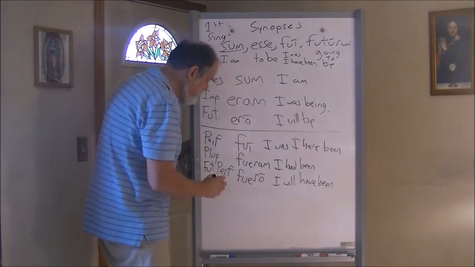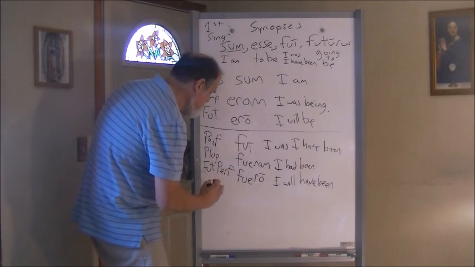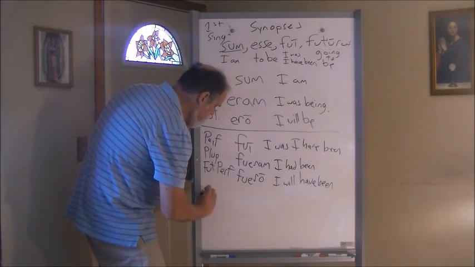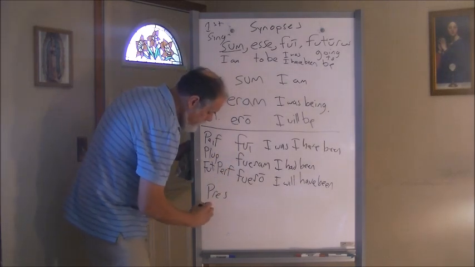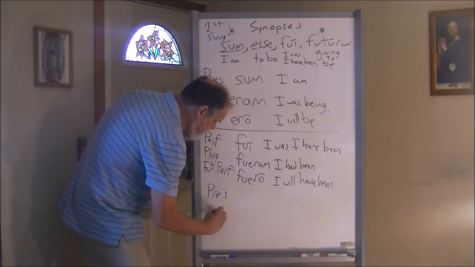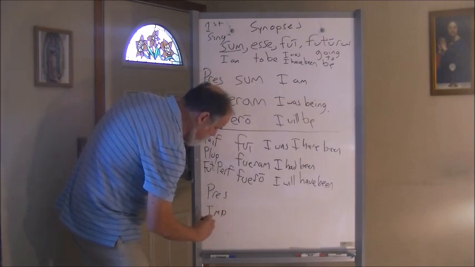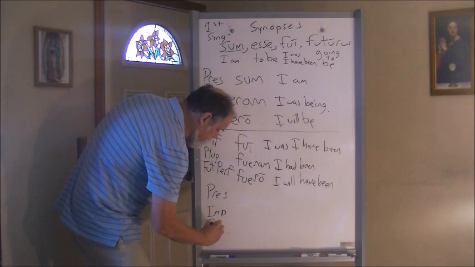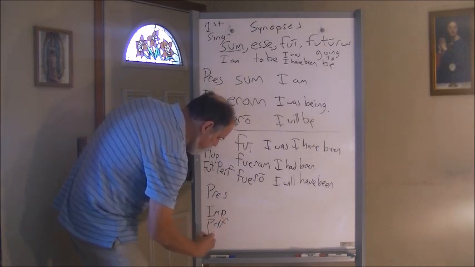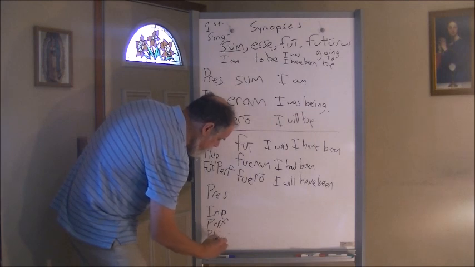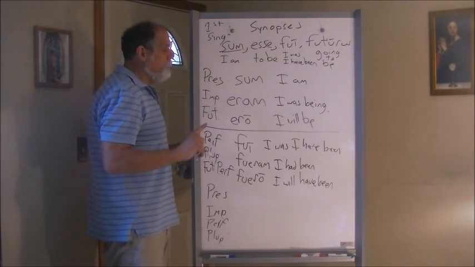Then we're going to go to the forms of the subjunctive. So we will have the present subjunctive, the imperfect subjunctive, the perfect subjunctive, and the pluperfect subjunctive. All right, for the present, what do we remember?